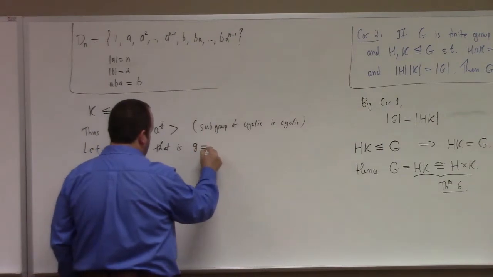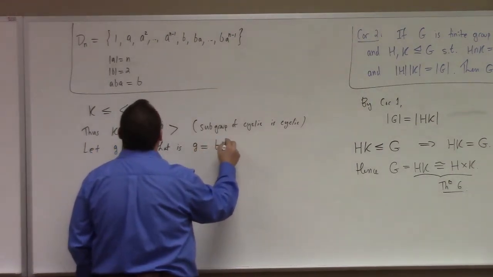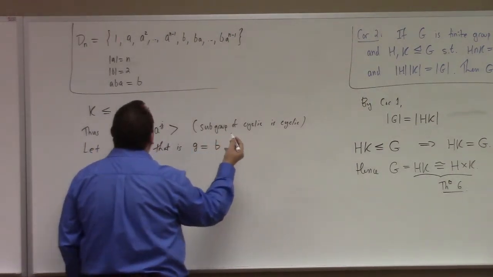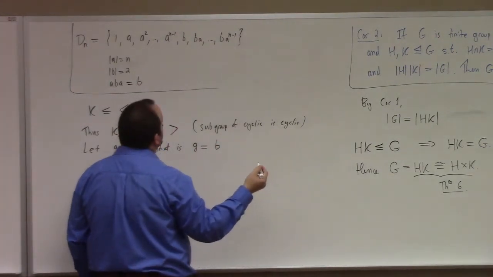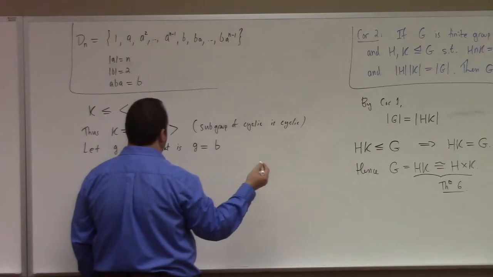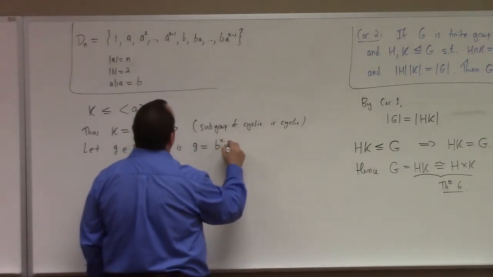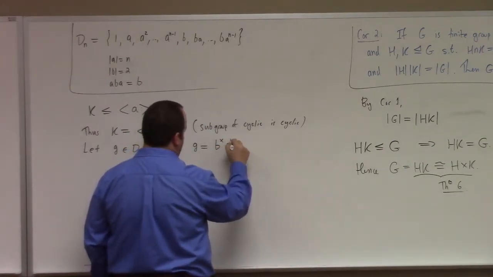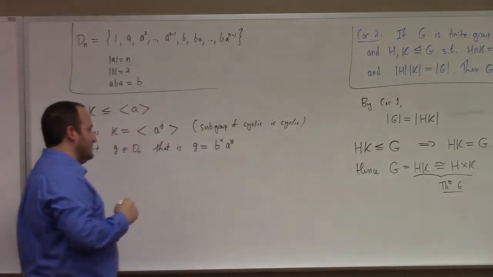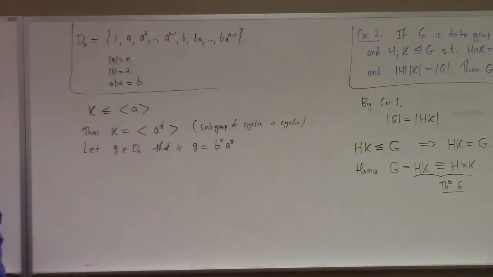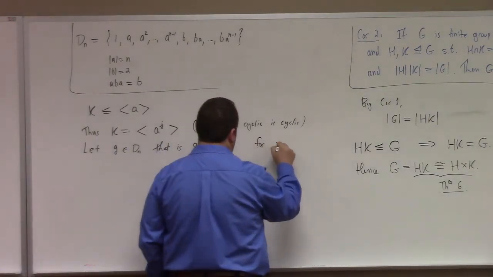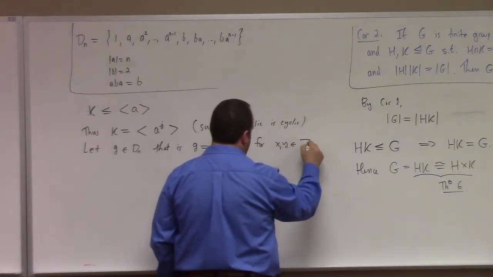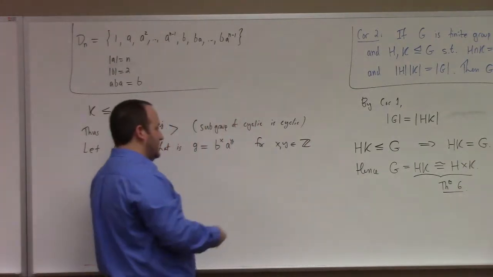How about this? G is B to the, what do you want? Pick a letter, any letter. Just not A, B. Oh, X, I like it. B to the X, A to the Y, right? For X and Y and Z, right? Of course, you could be less generous, but certainly that covers it.